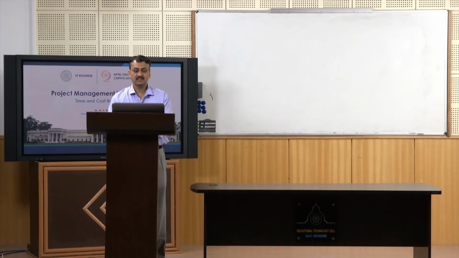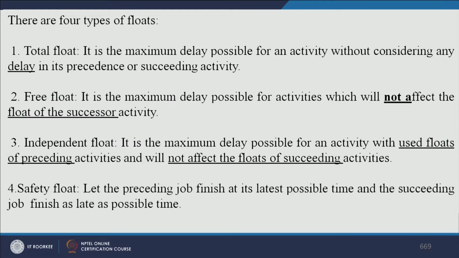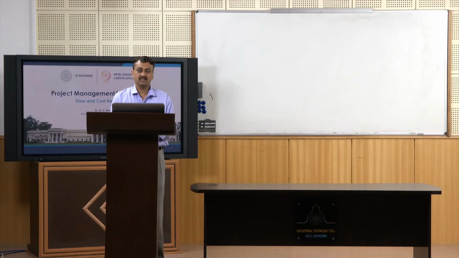Free float is the maximum delay possible for an activity which will not affect the float of the successor activity. So you can delay an activity but without affecting the float of succeeding activity, right?